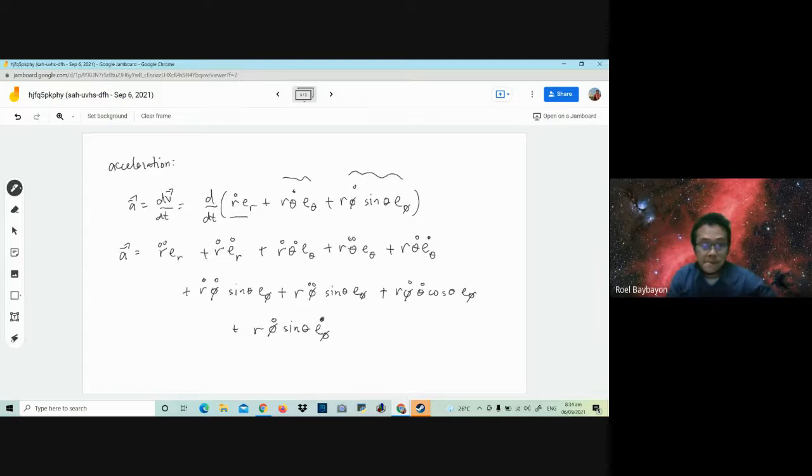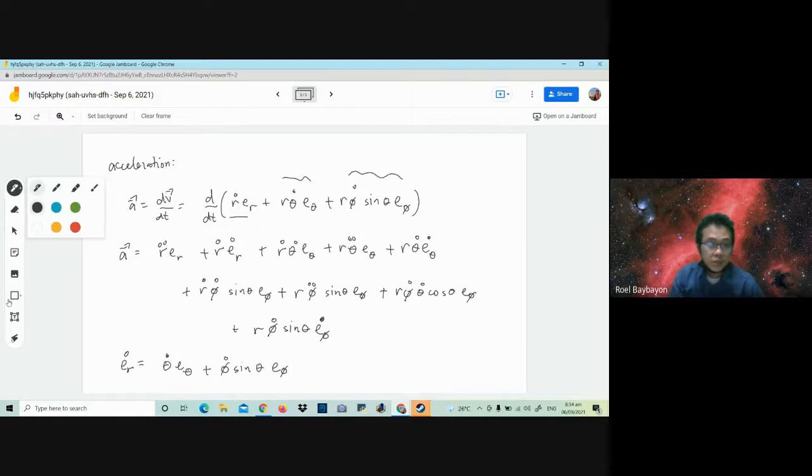Okay. So I have these 9 terms for acceleration, but I know that e_r dot, which I derived already, is equal to this: phi dot e theta plus phi dot sine of theta e phi. Okay? I know this one.